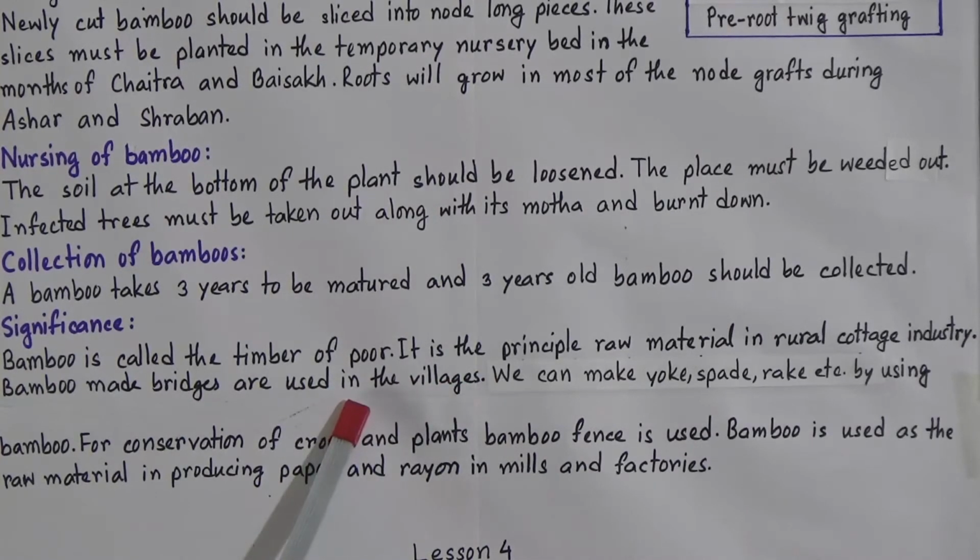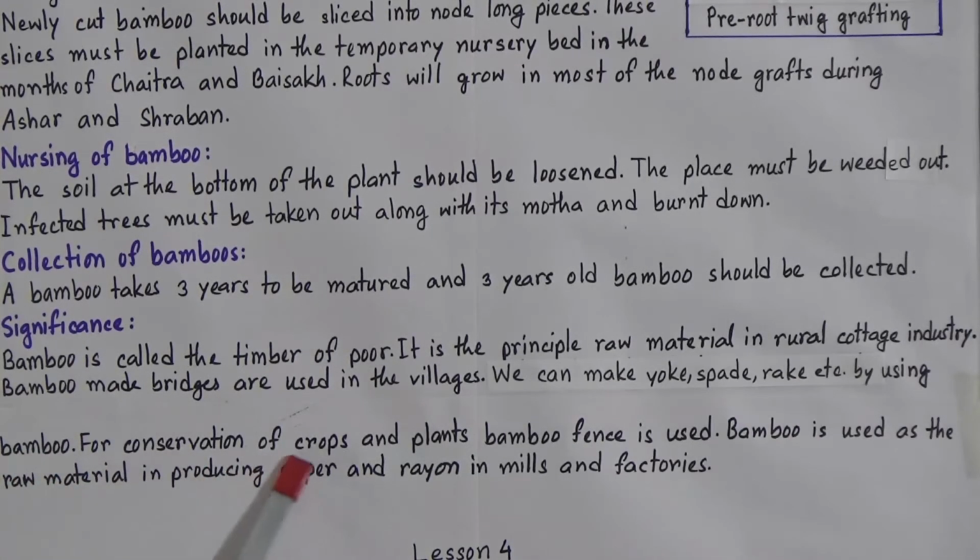So if you want to cross the canal, you can make a bridge using bamboos. And we can make yoke, spade, rake, etc. by using bamboo. That means agricultural equipment can be made from bamboo.